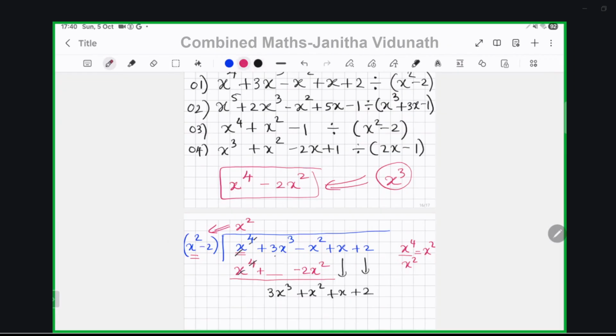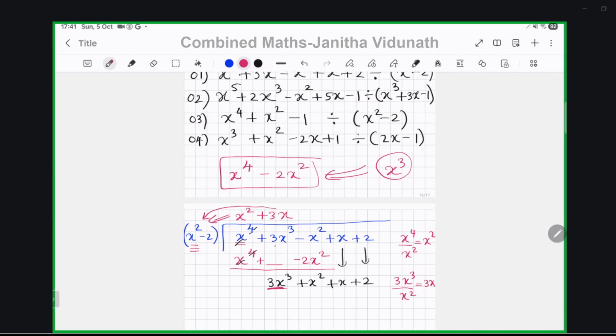Then we need to divide the leading term with the leading term of the divisor. Then 3x cube over x square will give 3x. Then we put plus 3x here. Then we need to multiply with the entire divisor.